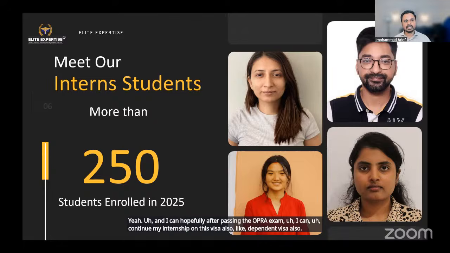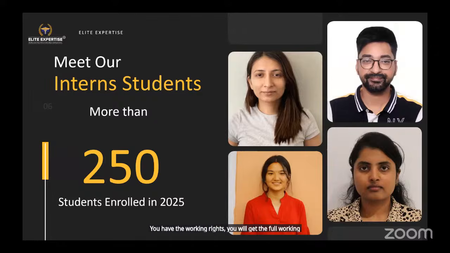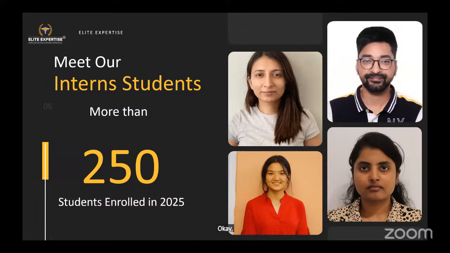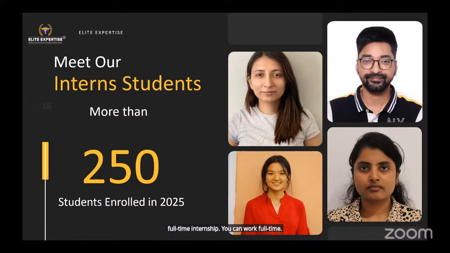Yes, on a dependent visa you can continue the internship, because it means you have the working rights. You will get the full working rights. When you get the full working rights, then 100% you can do the internship. So there won't be any restrictions for you. You can work full-time, and do your full-time internship.